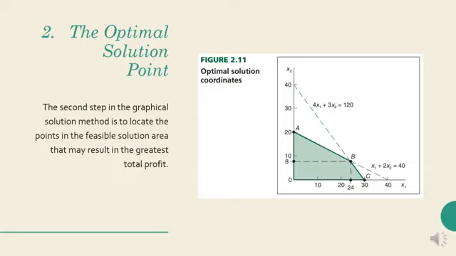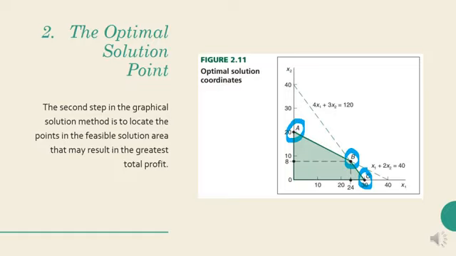So, dahil nakita na natin yung tinatawag nating feasible solution area, now, we actually have created 3 points. Okay? Point A, point B, and then point C. Hindi naman pwede maging point itong 0 na to.